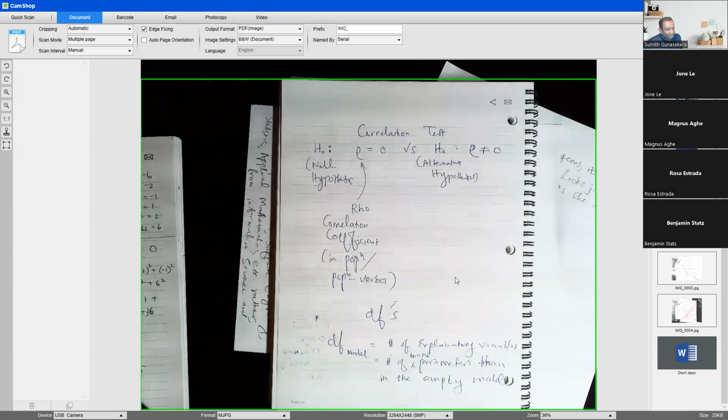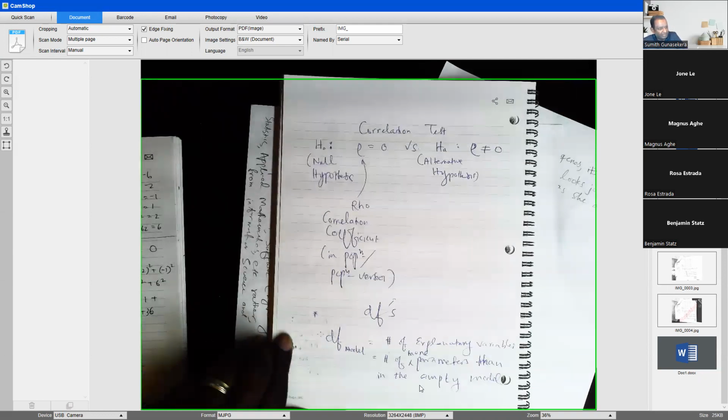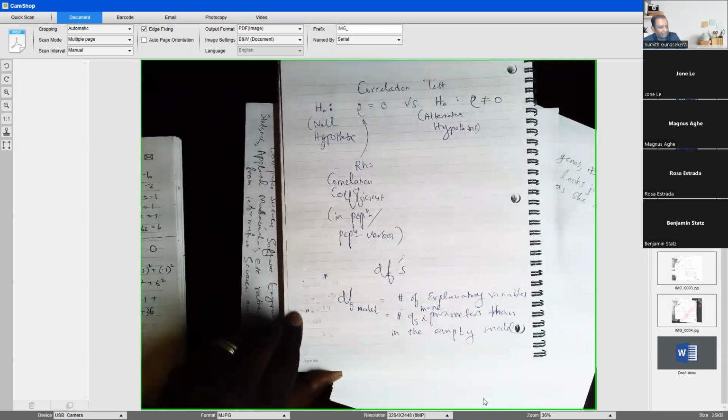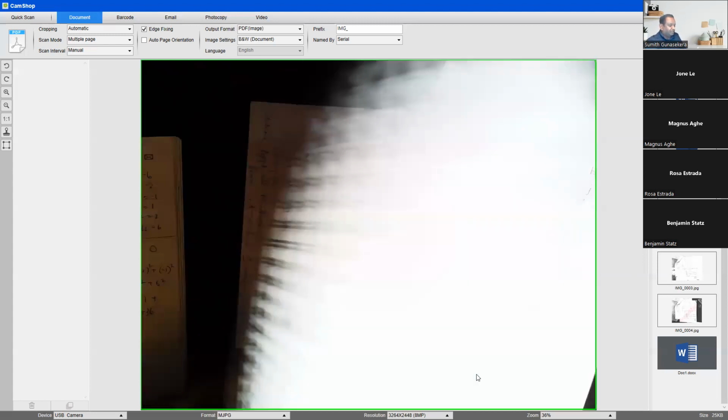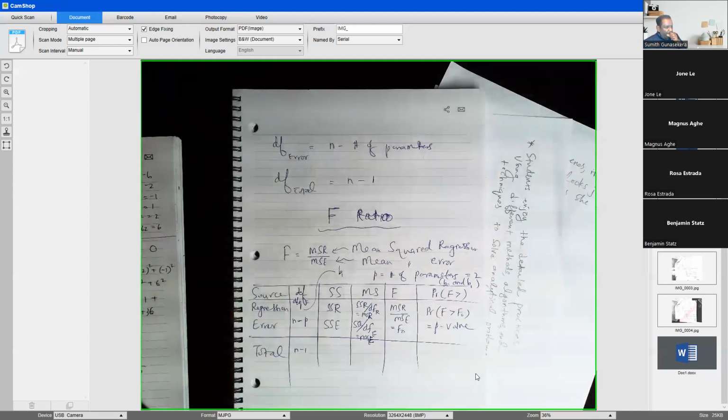See, degrees of freedom of the model: number of explanatory variables, the number of more predictors than in the empty model. They show the degrees of freedom over here for the model, then degrees of freedom for error, number of parameters, N minus 1.